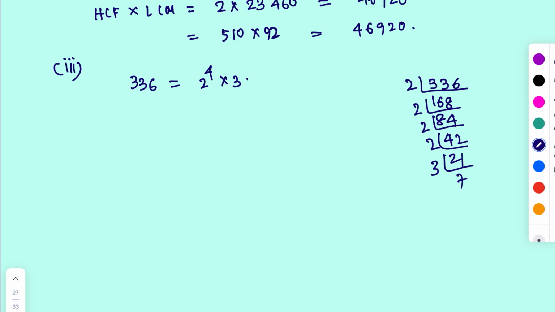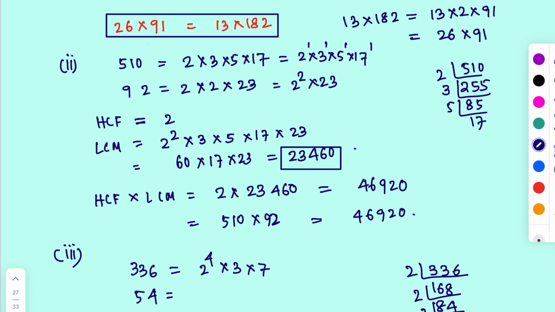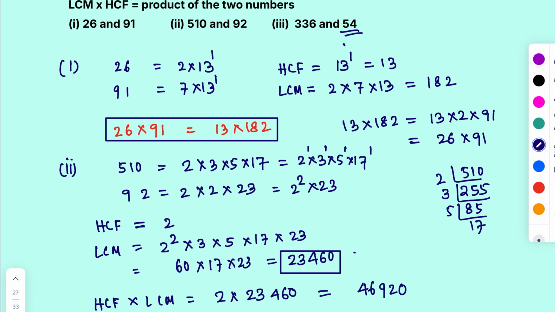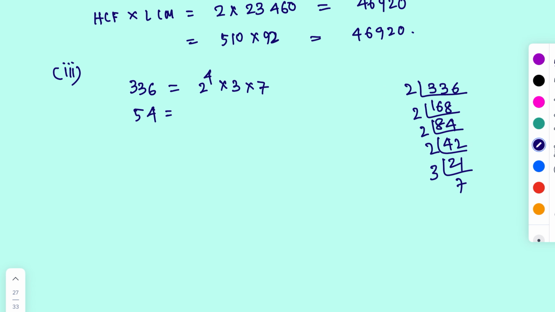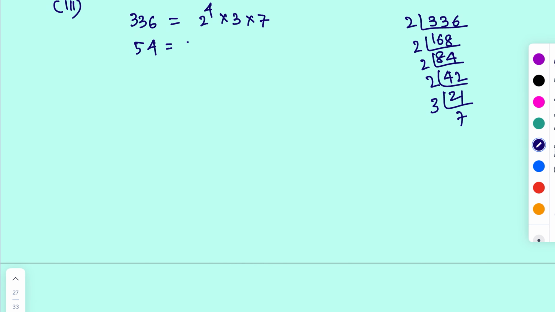So it will be 2 to the power 4 into 3 into 7. Similarly 54, another number was 54. So 54 we can write divided by 2, it will be 27. If we divide by 3, it is 9, divided by 3 into 3. So it will be equal to 2 into 3 to the power 3.